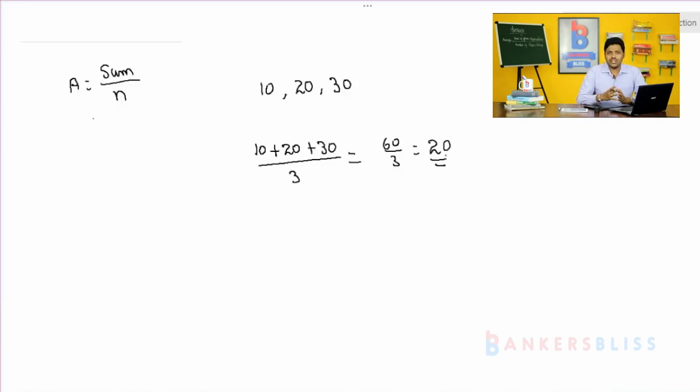One more concept, that is called sharing concept, means the people who are having the extra values, they are going to give the values to the people who are having the lower values. Here 10, 20, 30. 30 is the maximum value and 10 is the minimum value. So the maximum person is going to give some value to the minimum person.